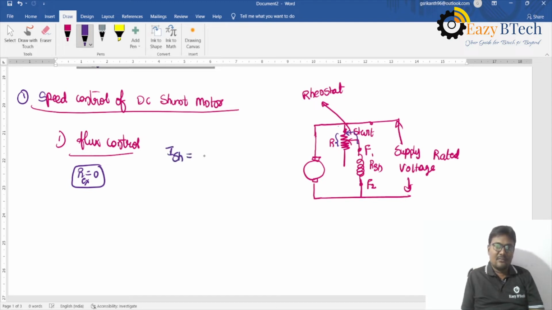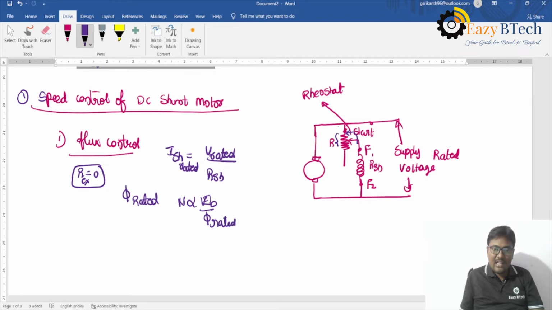Ish is equal to V rated divided by Rsh, and Ish is also rated. If Ish is rated, flux is also rated, then N is directly proportional to Eb divided by φ, and Eb is also rated, so speed is also rated.